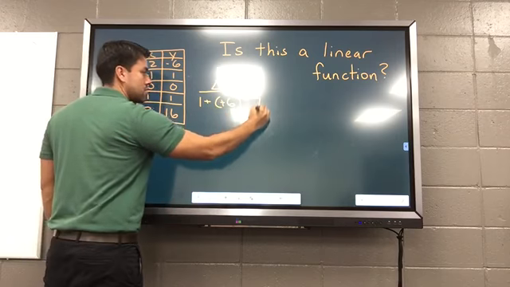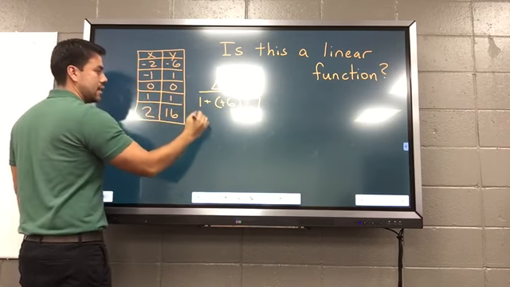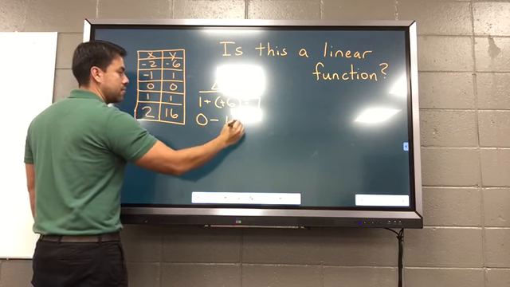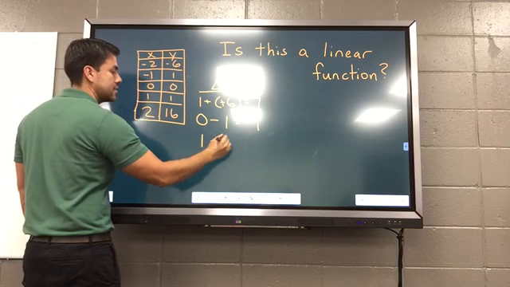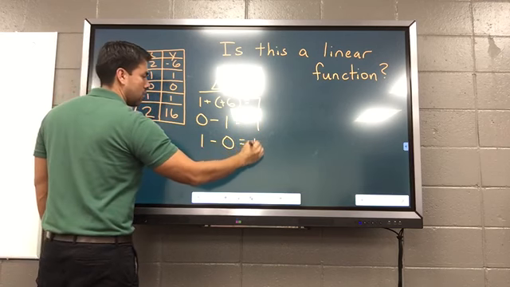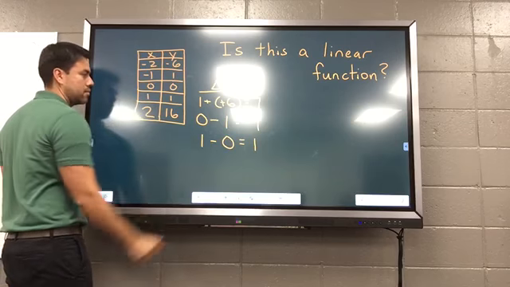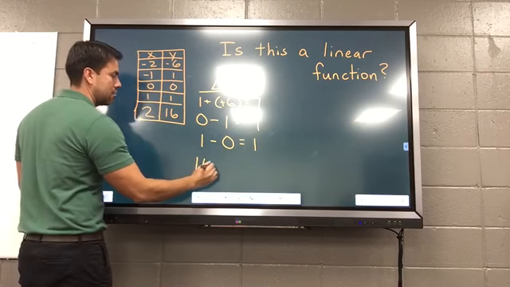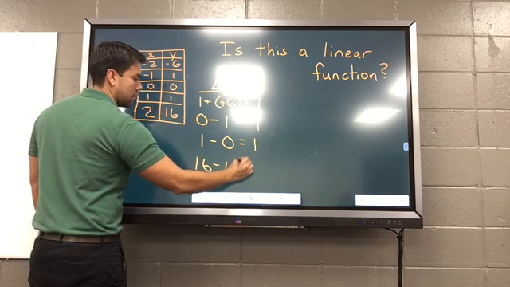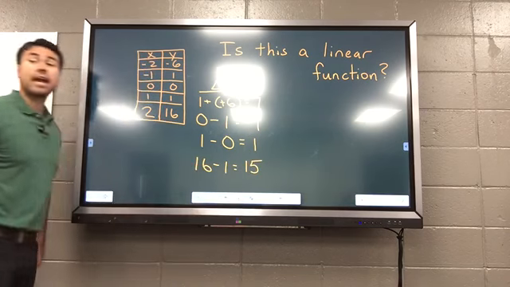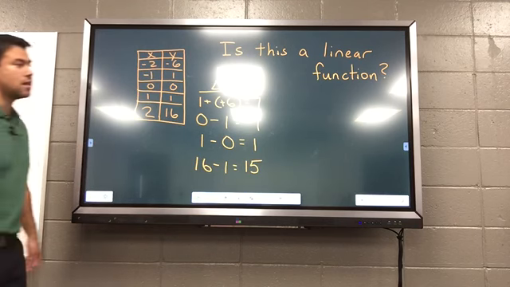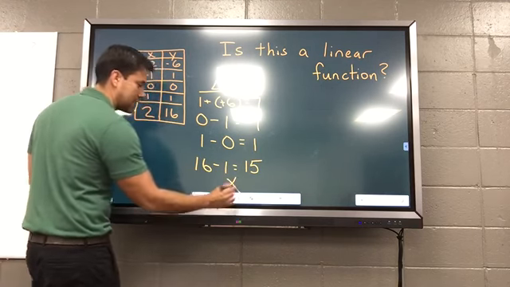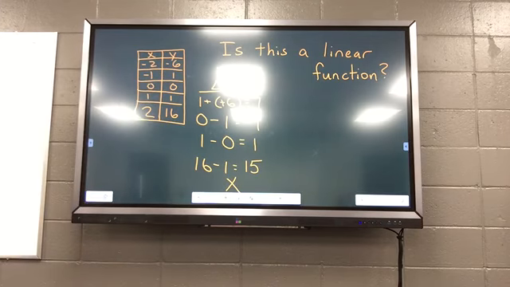Yeah, stay, change, opposite, you get 7. What's 0 minus 1? -1. What's 1 minus 0? 1. And then what's 16 minus 1? 15. Do I have a constant rate of change? No, I don't. And what I do for my work is I just put an X. It's not a constant rate of change.